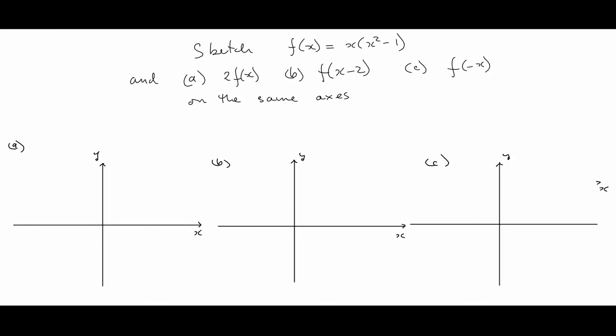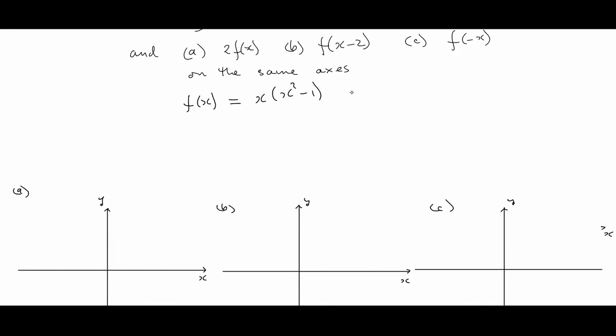Now, what is the curve x brackets x squared minus 1? Well, this is a cubic curve. We could expand it by writing it x cubed minus x, and we'll see it's a cubic. Or we could factorise it. X squared minus 1 factorises into x minus 1, x plus 1.